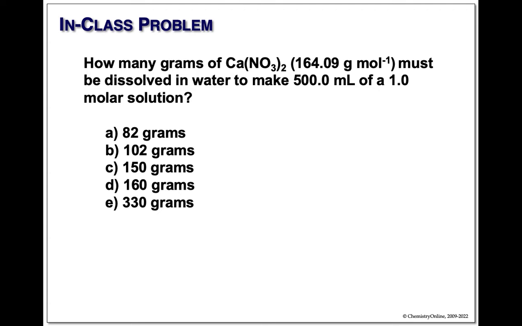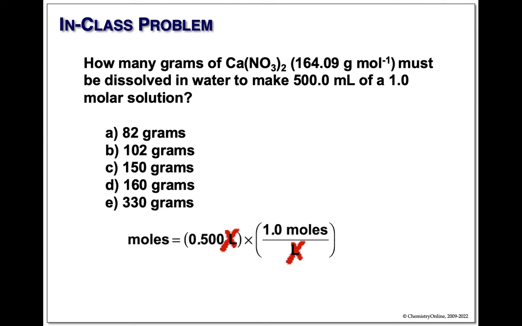We know moles is going to be equal to concentration times volume. If we multiply our concentration, that's 1 mole per liter, and our volume, 500 mils, we get half a mole. If 1 mole weighs 164, how much does half a mole weigh?